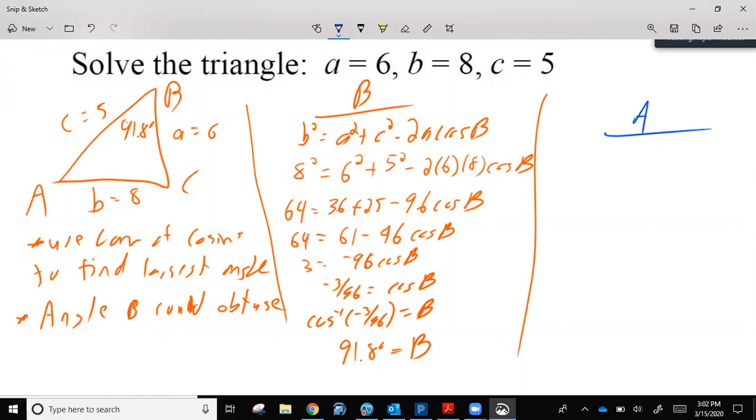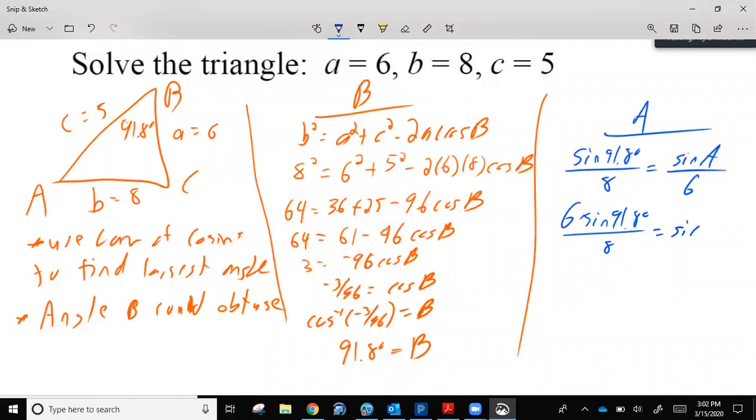We can say the sine of 91.8 for angle B over 8 for side B is the sine of the unknown angle A over 6 for side A. Multiply the 6 across. 6 sine 91.8 divided by 8 is the sine of A. Take the inverse of this, and that should tell us angle A. So inverse sine of 6 times sine 91.8 divided by 8.